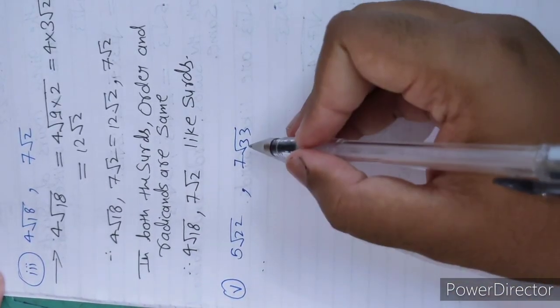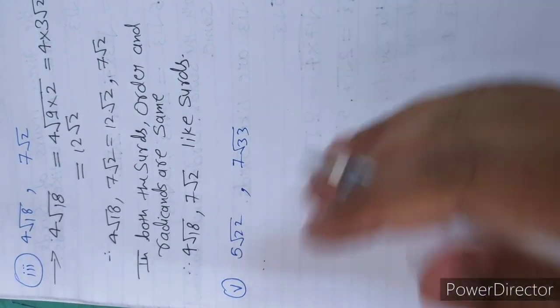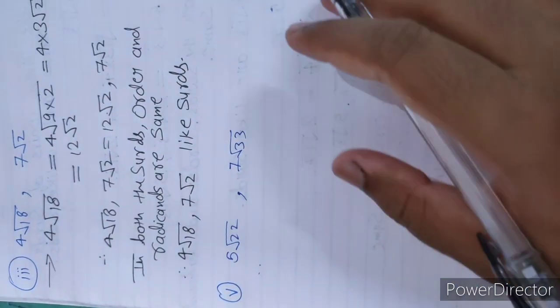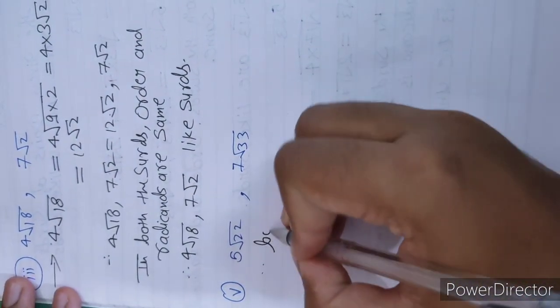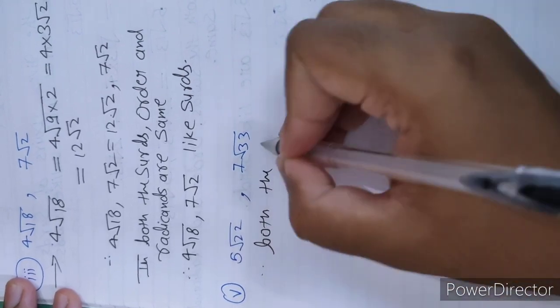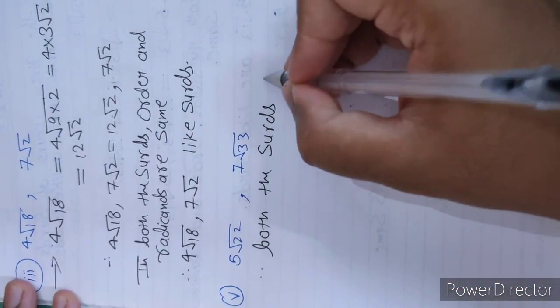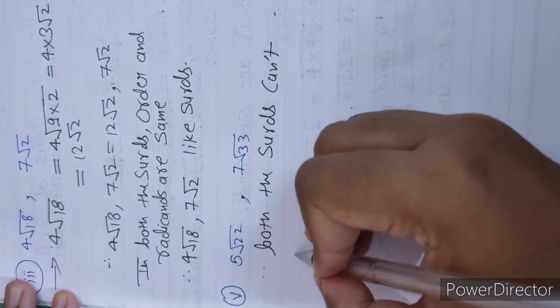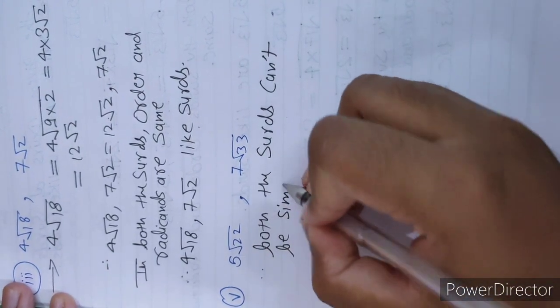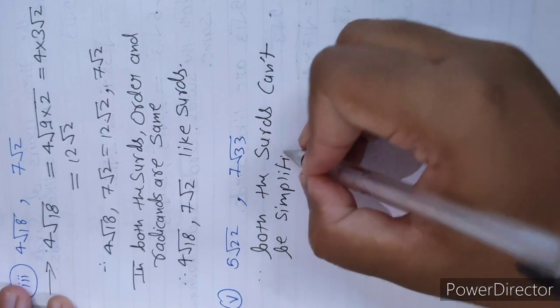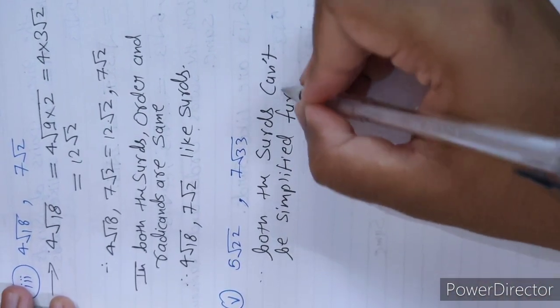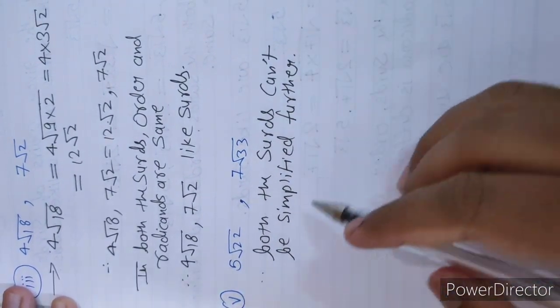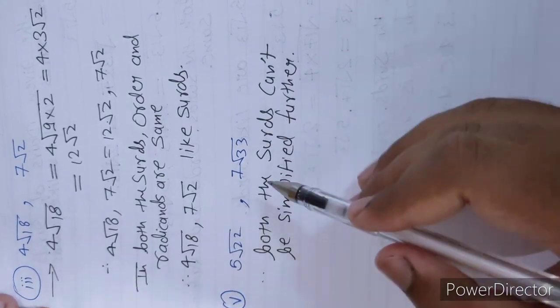So here both the surds can't be simplified further after these steps. So here we will write that both the surds can't be simplified further.